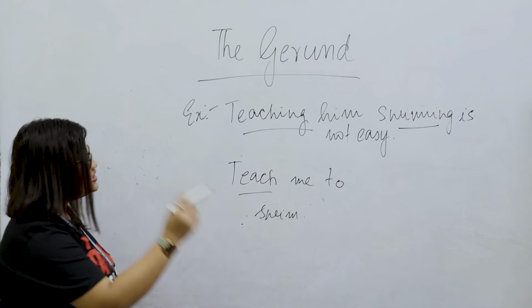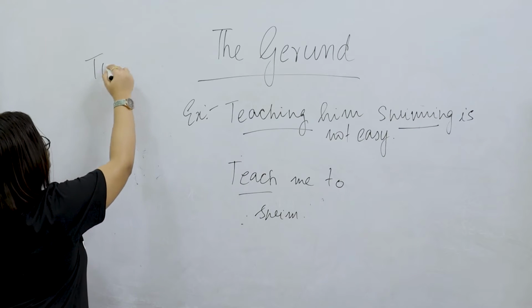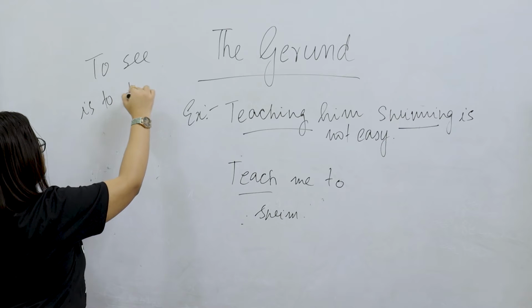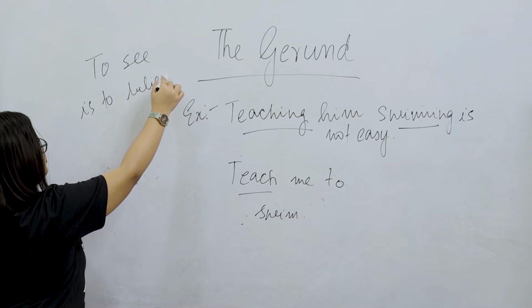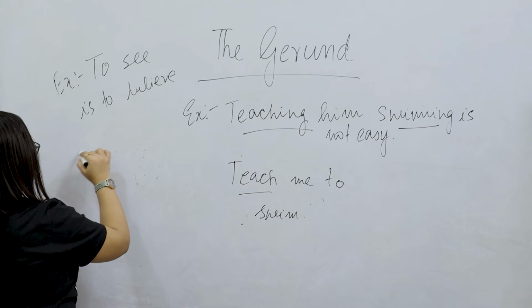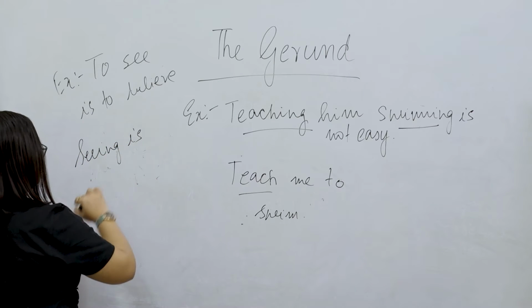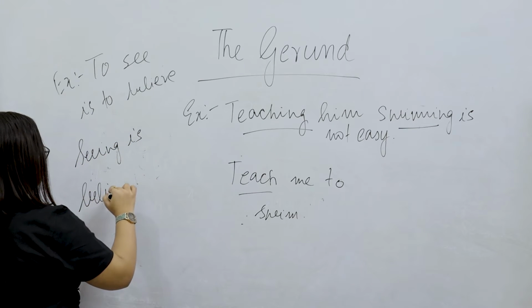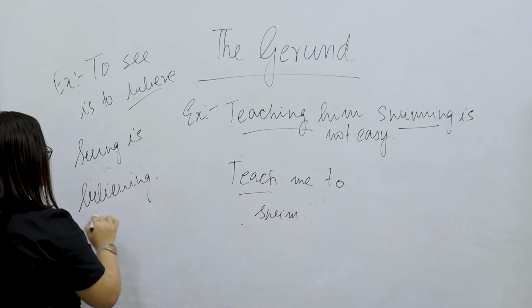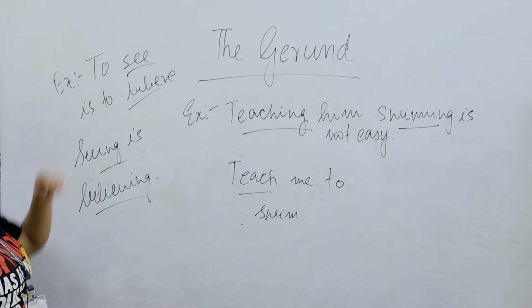We can take up one more example where we can say, to see is to believe, and in another we can say, seeing is believing. In both the sentences, we are using the verbs repeatedly, which are see and believe.